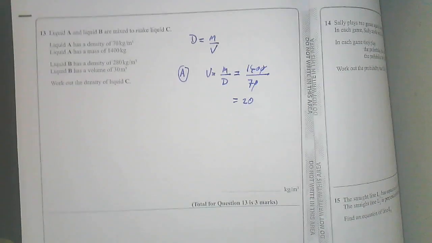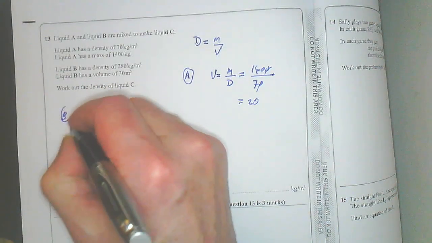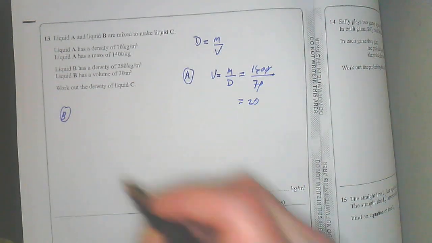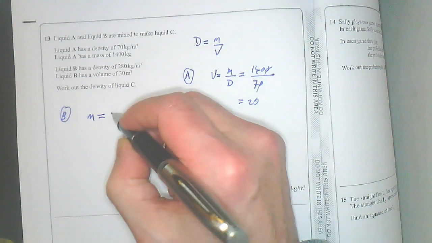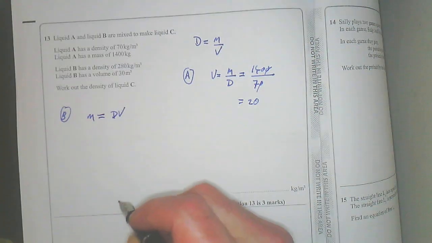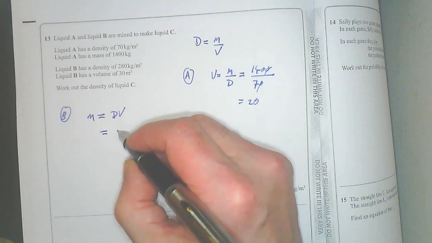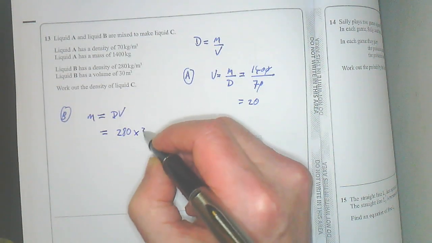So for liquid B, we've got the density and the volume. So this time we need to rearrange for the mass equals the density times the volume. So the mass equals the density, which is 280, times the volume, which is 30.